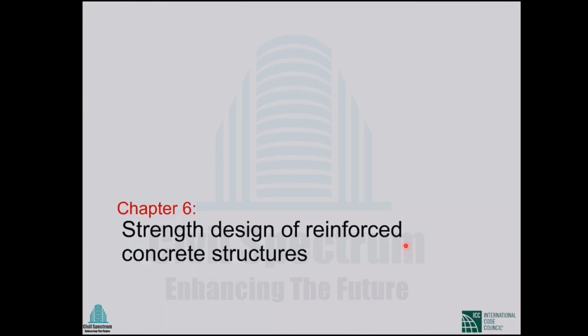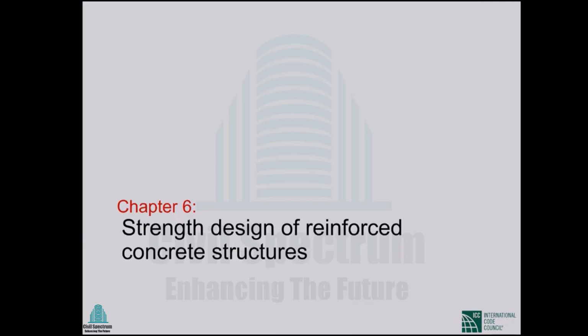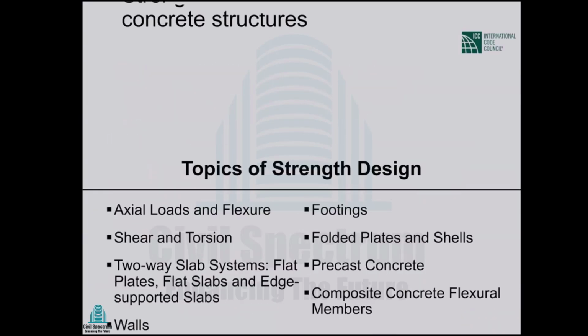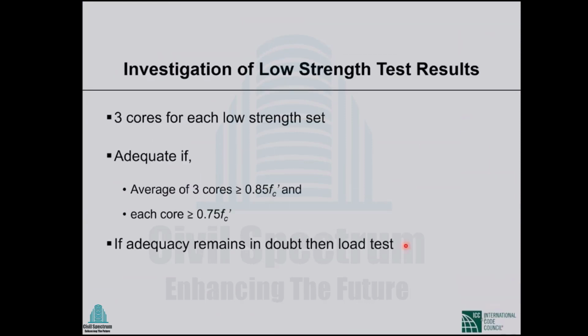Okay, regarding chapter 6, strength design of reinforced concrete structures. Oh, I forgot to mention that in chapter 5, concrete materials, all the things are similar to the previous version except one. In this version, there is mention of shotcrete, a different type of concrete application.